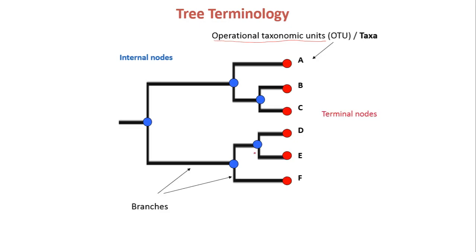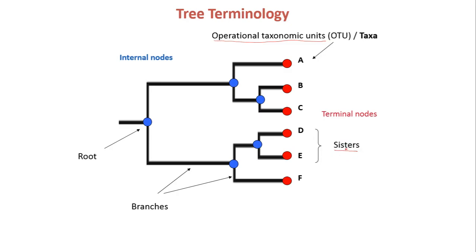One more thing that you should try to understand is that there would be branches, there would be roots, and the operational taxonomic units or taxa that are most closely placed to each other in your phylogenetic tree are called sister taxa. So if operational units are most closely placed to each other, then we can call them sisters of each other.